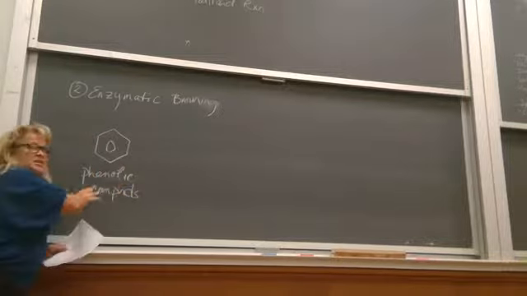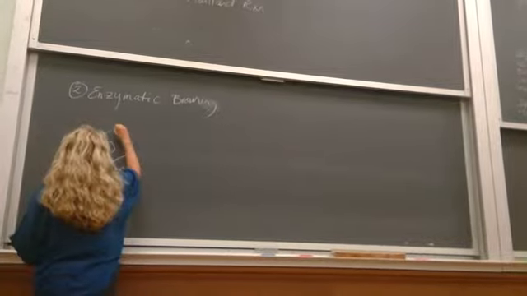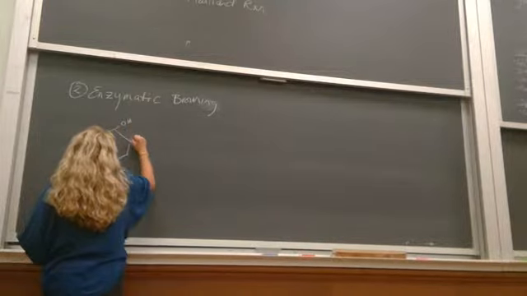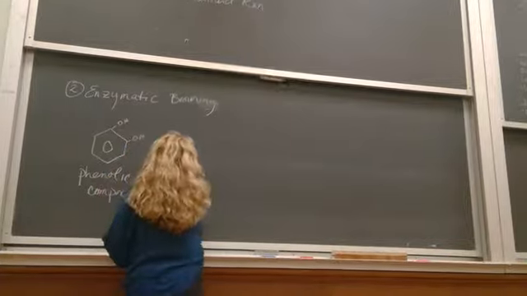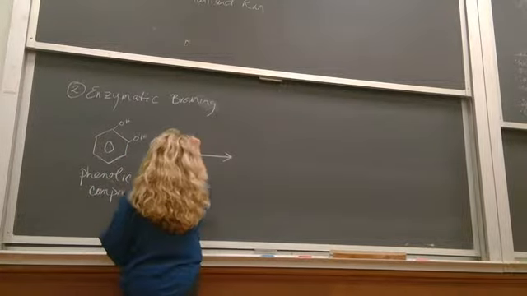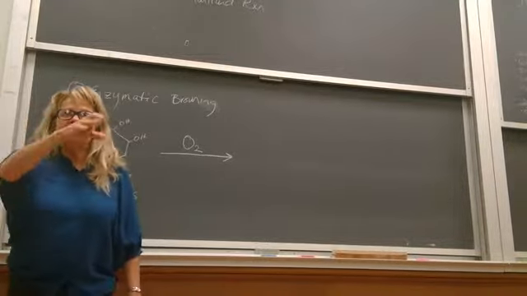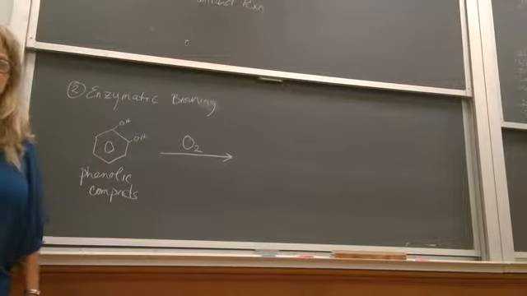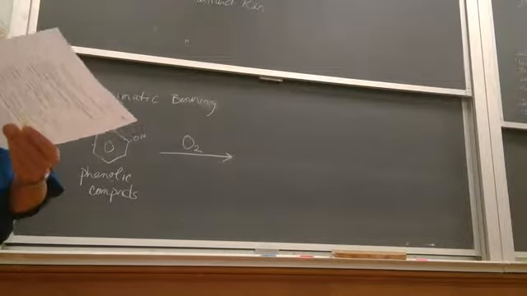So this is like a generic phenolic compound. And it's got the OHs on it, which is what makes it the phenol, right? And then with oxygen, that's probably the most important part, is that this enzymatic browning requires oxygen, so therefore it is an oxidative reaction. It's an oxidation.